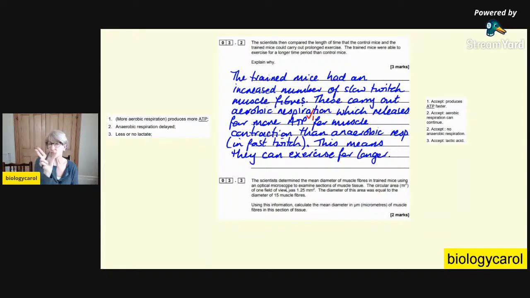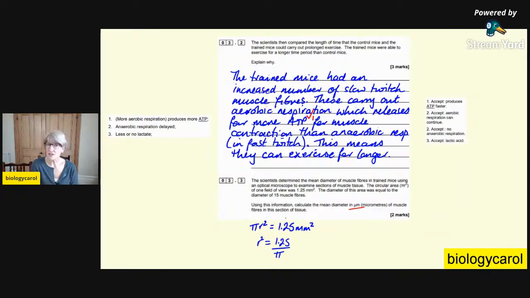So here I'm imagining 15 muscle fibers across the diameter of a field of view, that circular picture that you see down a microscope. It's not a square, it's a circle, hence the use of pi r squared. Using this information, calculate the mean diameter in micrometers of muscle fibers in this section of tissue.